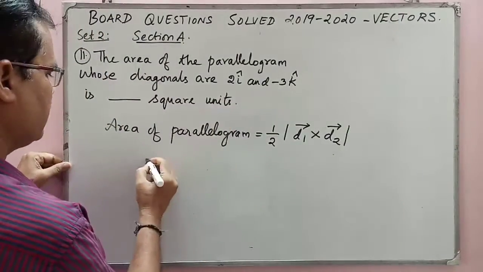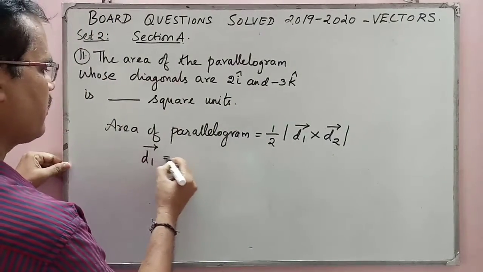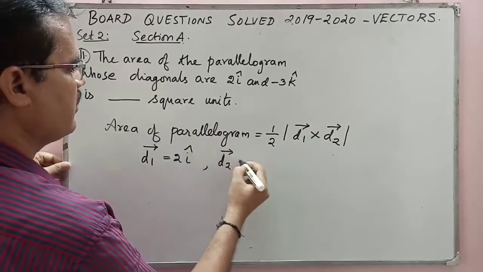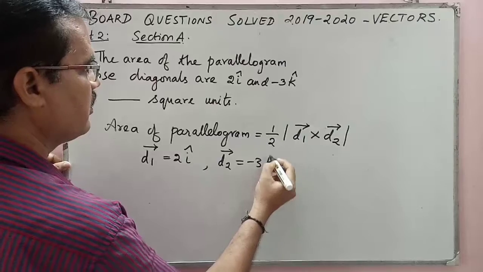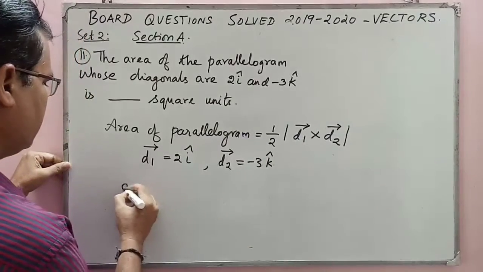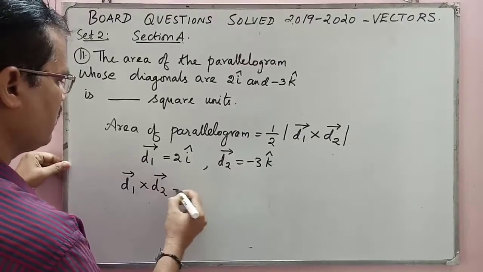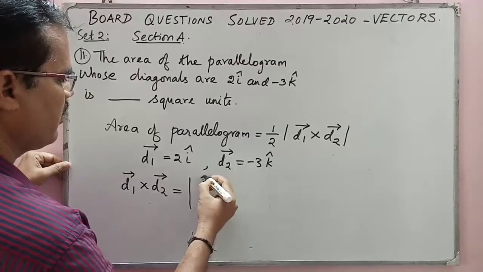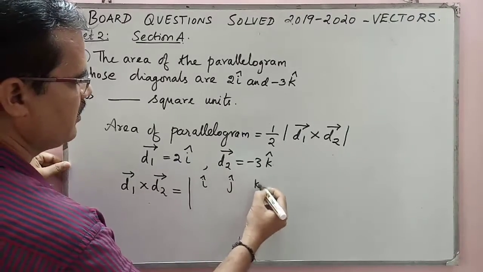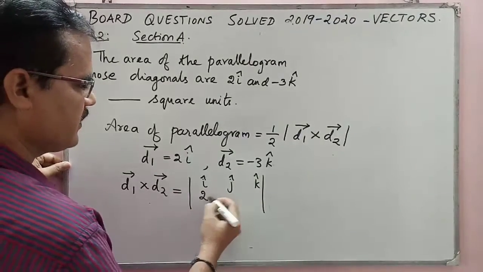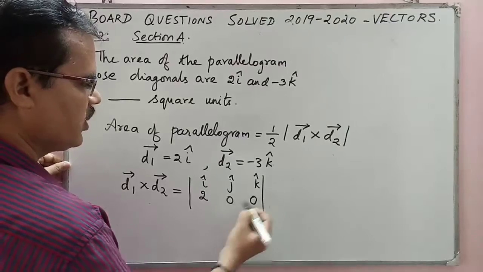So the first vector, let us take it as d1 vector, and d2 vector the second, which is minus 3k vector. Now we are going to find the cross product of d1 cross d2, the determinant of i, j, k. In the components only 2i is there, so we don't have a j, we don't have a k.